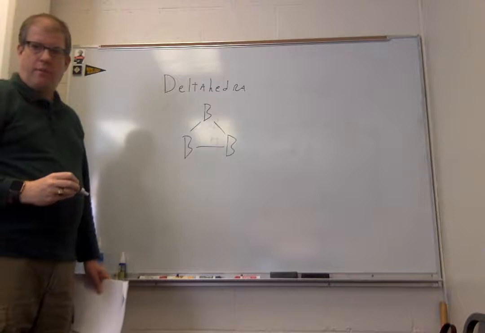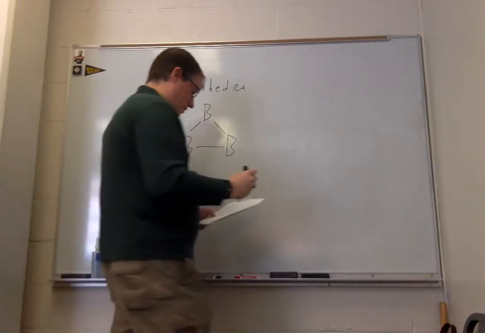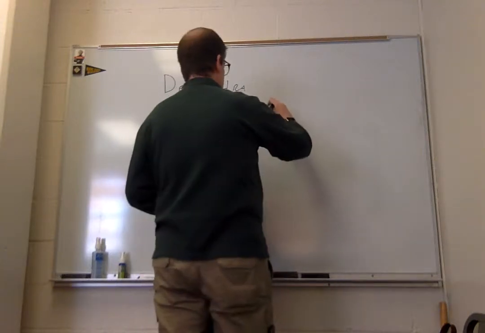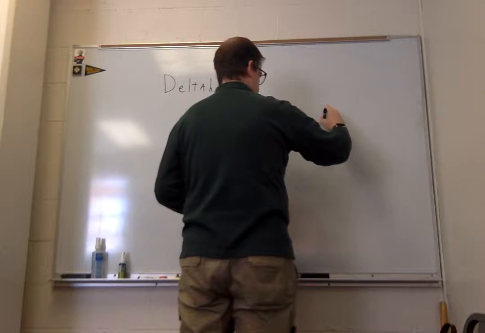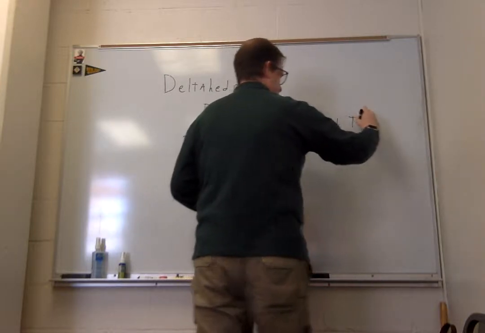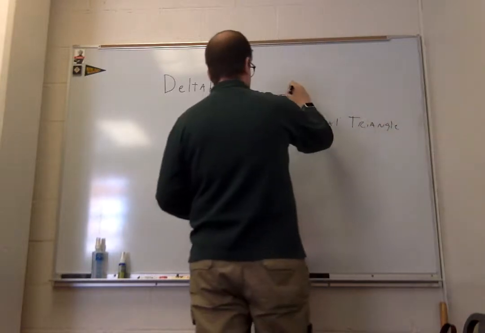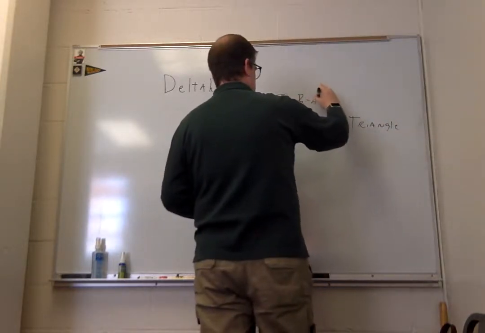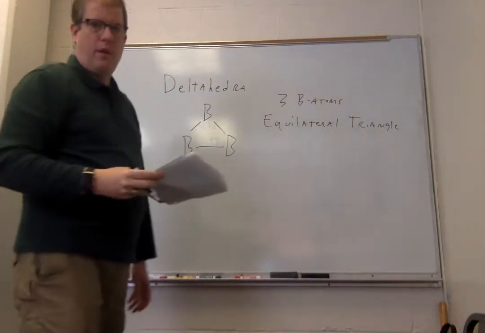Three boron atoms arranged in the form of an equilateral triangle. And so they arrange themselves in this way.